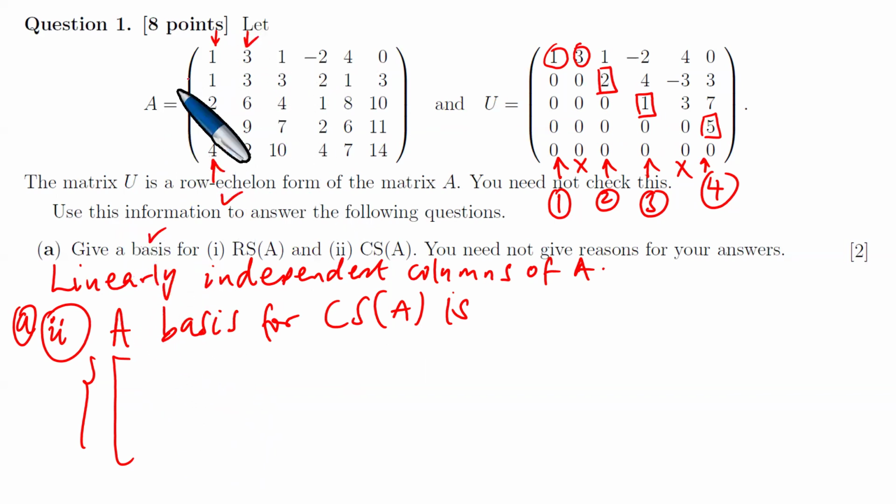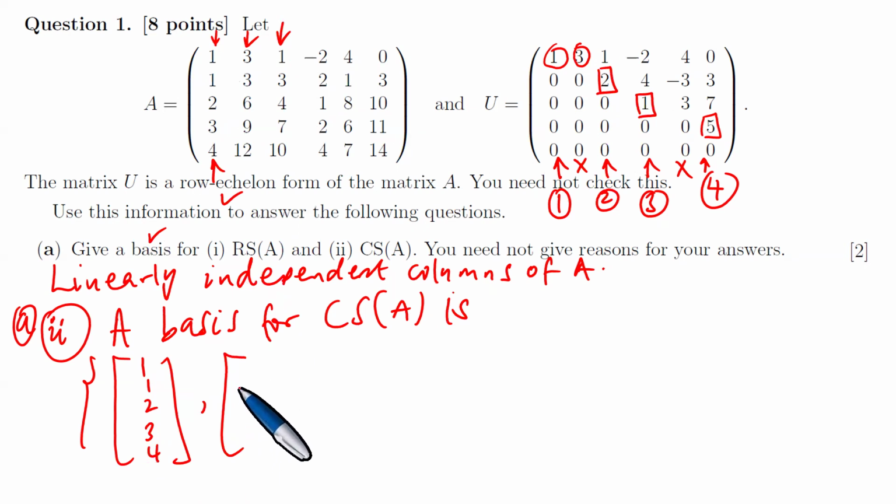So you take the 1, 1, 2, 3, 4. And then, because the third is the same as the second, you take the next one, which is row 3: 4, 7, 10.